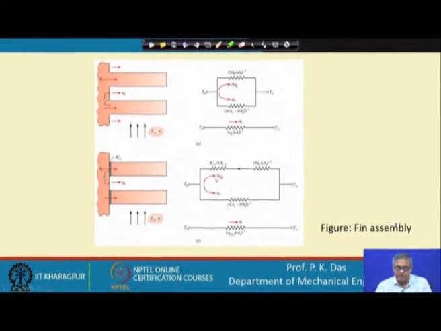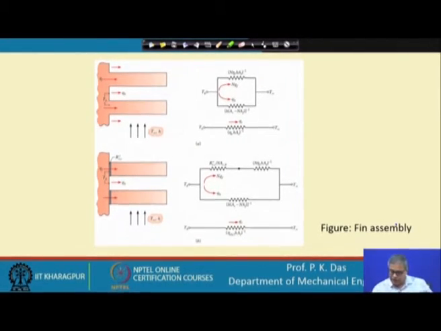Here you can see this contact resistance of the fin is coming. So, ultimately again we can get a thermal circuit like this. All these things are important when we are doing the design of a finned heat exchanger.